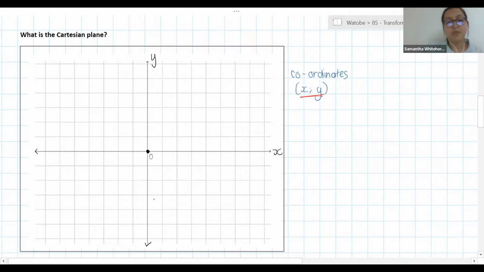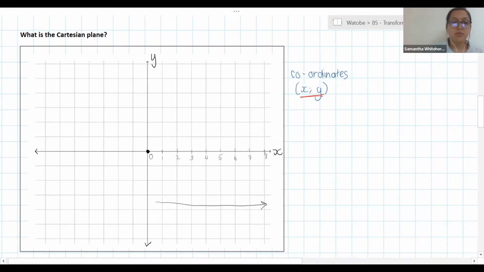If I now move along the right of my x-axis, these are all of my positive numbers, just like it would be on a number line. So every block is 1, 2, 3, 4. I'm choosing to go up in ones here, which is absolutely fine. And because I'm moving to the right, I'm going towards positive infinity.